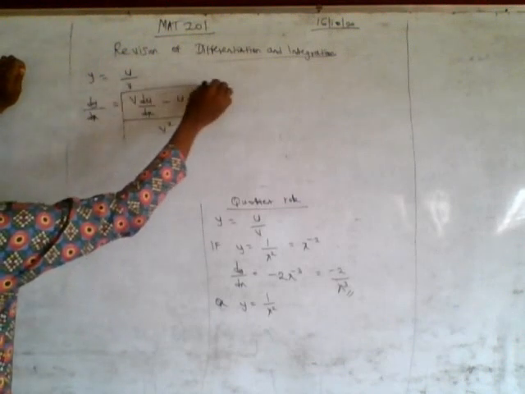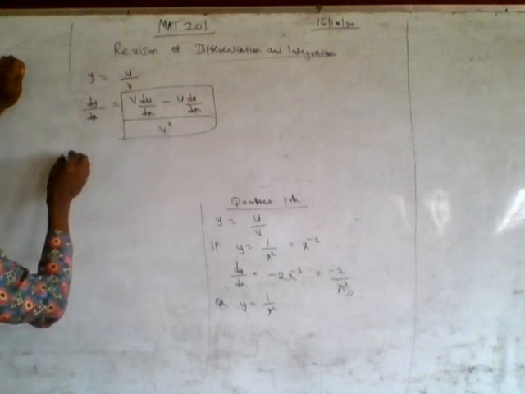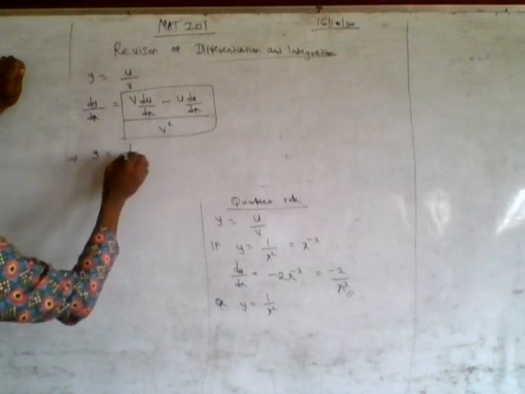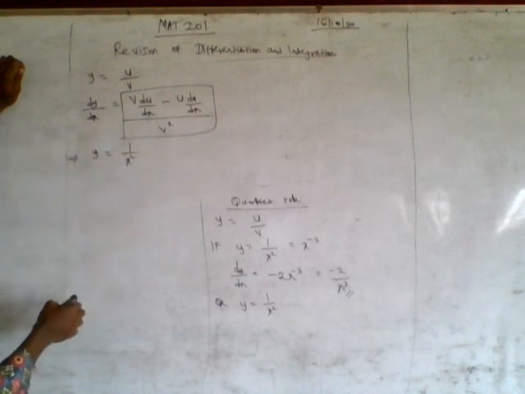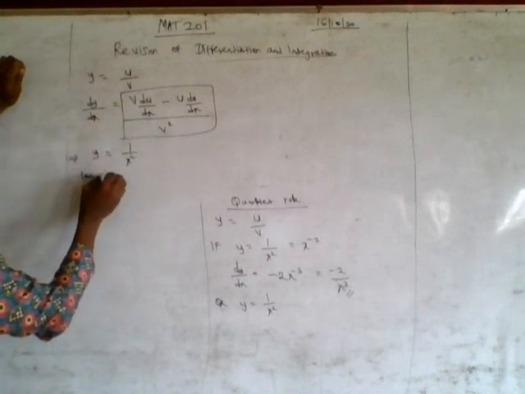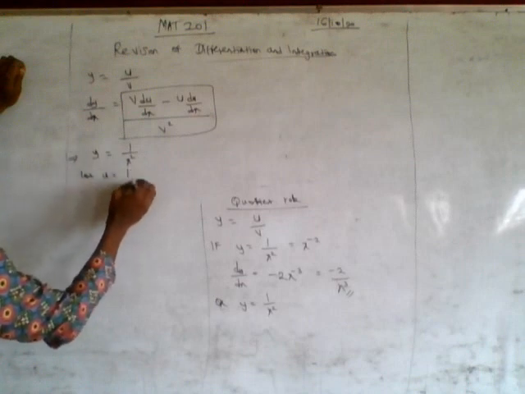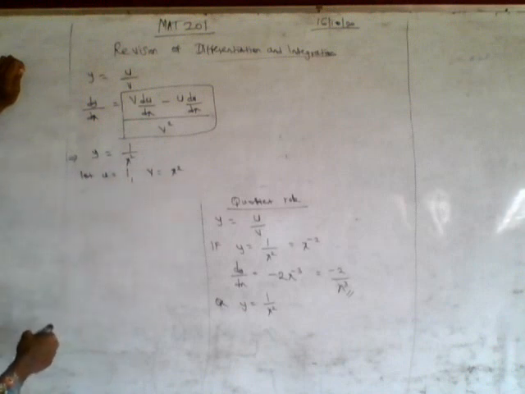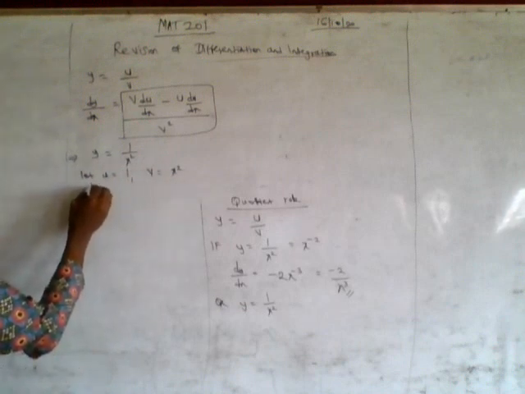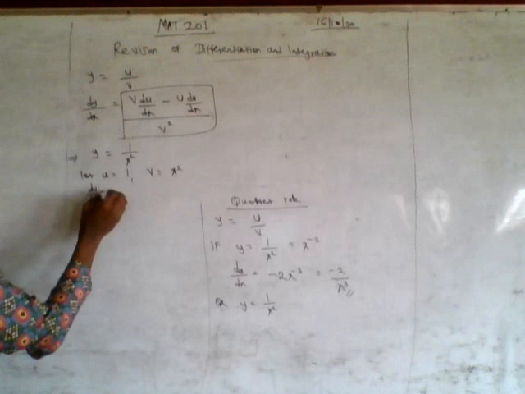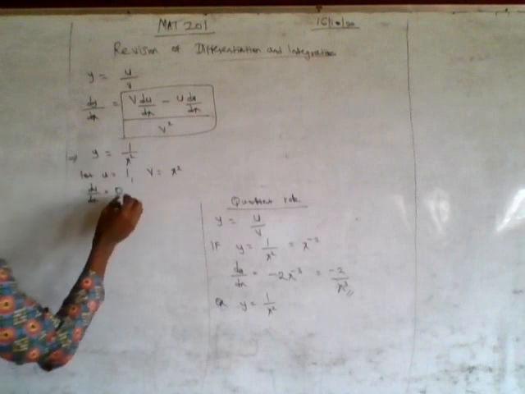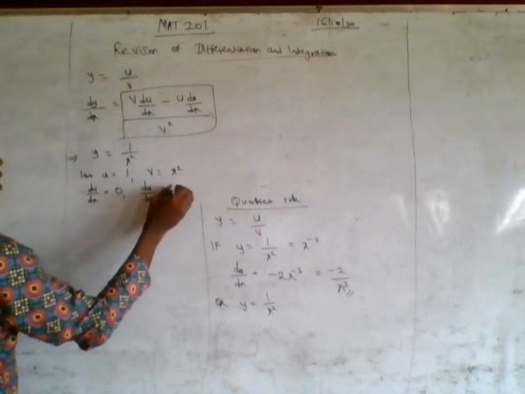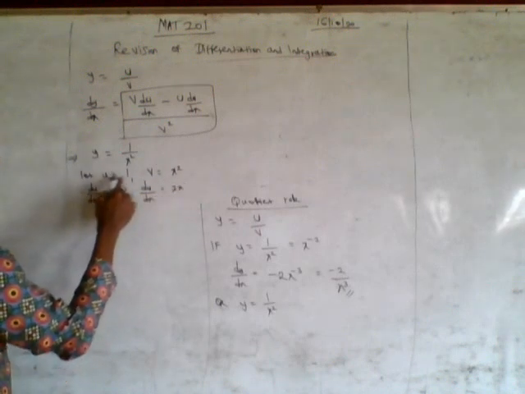So that's the quotient rule for differentiation. For the question we are considering, let u be the numerator, which is 1, and v the denominator, which is x squared. So du/dx: if I differentiate 1, I get 0. Differentiating v, dv/dx is 2x.